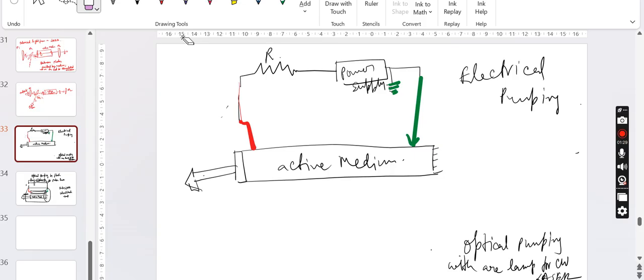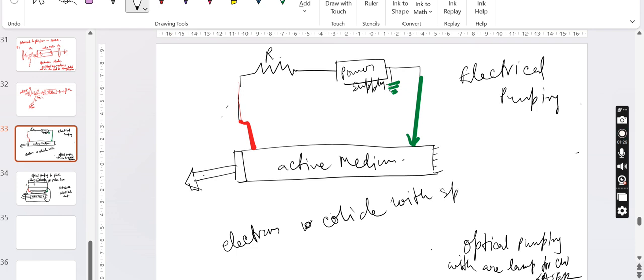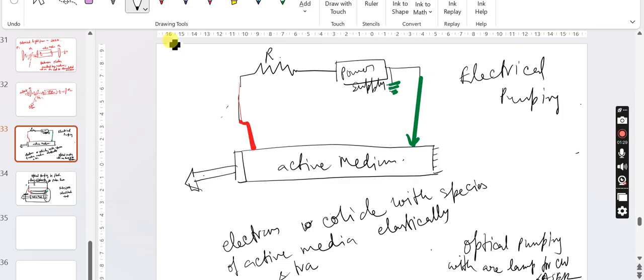The electrons have elastic collisions with the species of the active medium and transfer their kinetic energy.